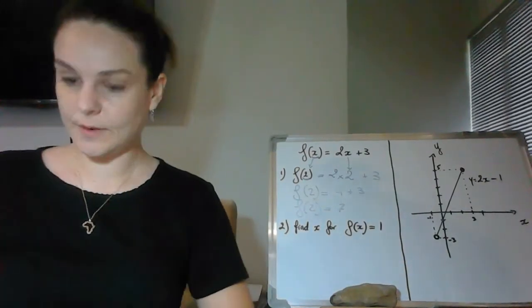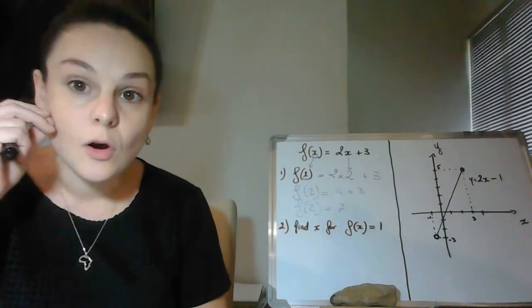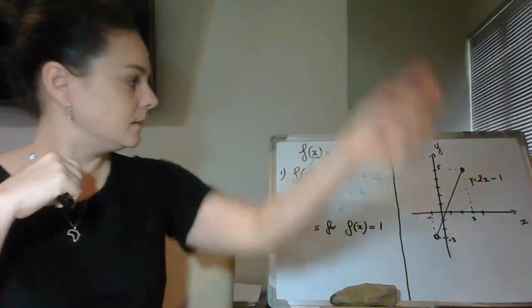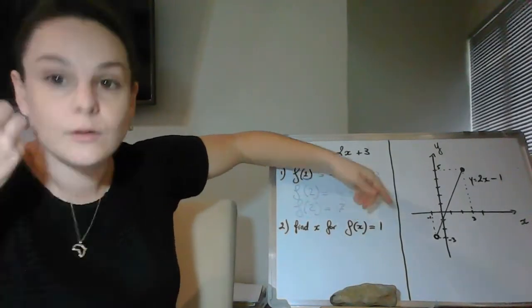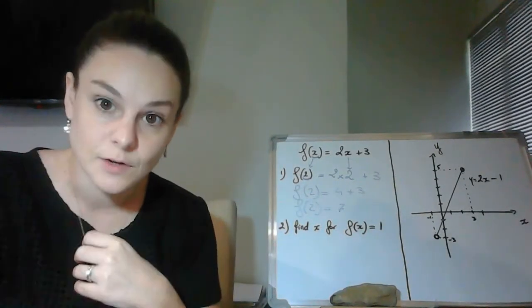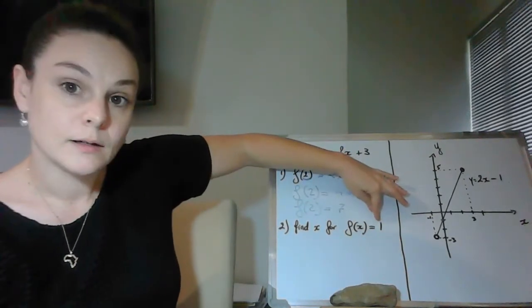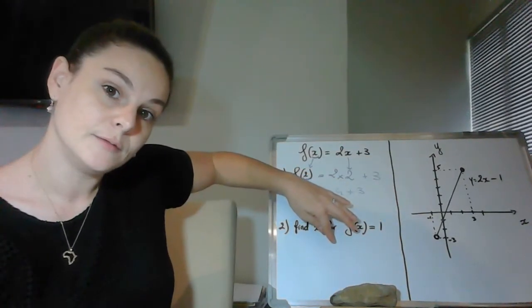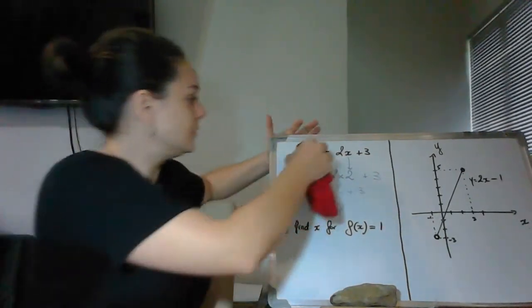Now, on the next page, page 5, is another question that they can ask you. They would do the opposite calculation. They would give you the f of x value or the y value, and you would have to reverse the process to find the x value. So basically the question is, if y equals 1, what was the x value? So now you do the same, but you reverse the process.